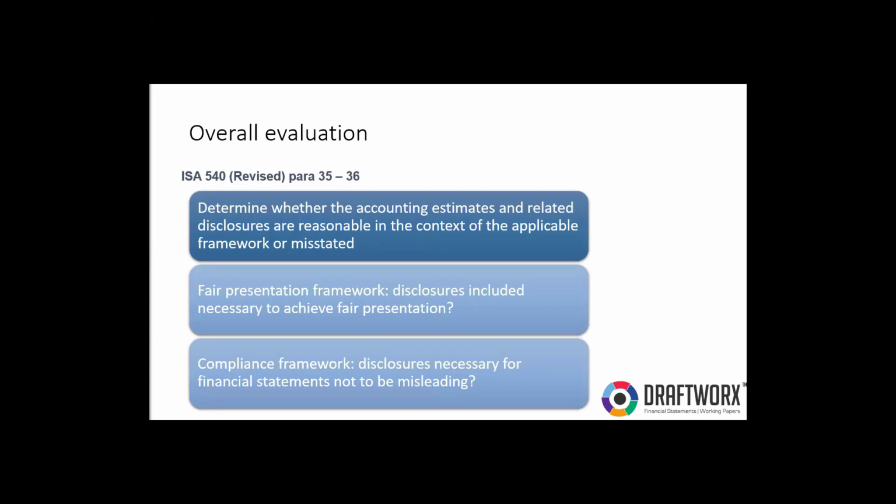And it's very important, whether you use a fair presentation framework or a compliance framework, you must ultimately be able now to conclude: are all the disclosures made that are necessary to achieve fair presentation included in the financial statements?